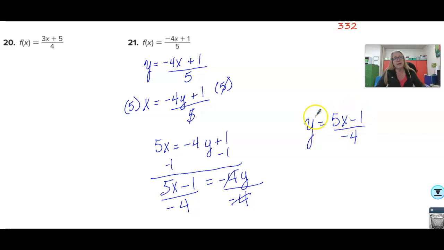And then I have to get rid of the y and make it f^-1(x). Makes it really look scary. If your younger brothers and sisters see you doing this, they're going to be terrified. So that would be the format you would be looking for in your multiple choice answers.